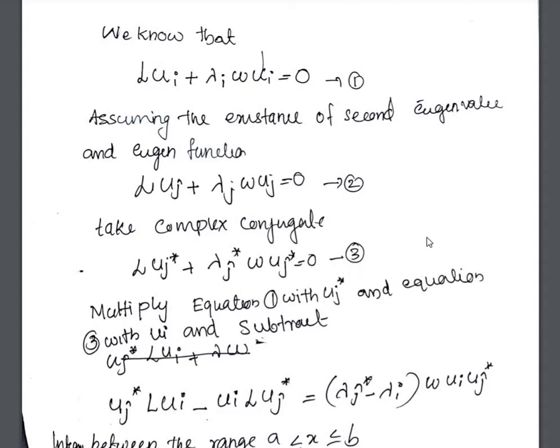When we subtract 3 from 1 after multiplying with uj star and ui respectively, the first term will become uj star L ui minus ui L uj star, that is equal to, when we take this term to the right hand side, minus (lambda j star minus lambda i) w ui uj star.